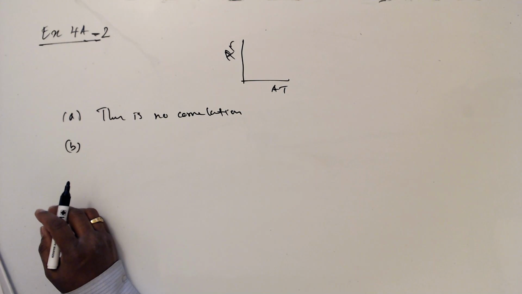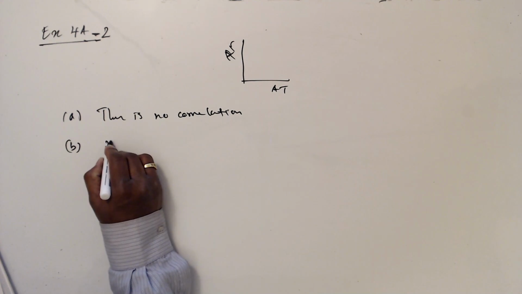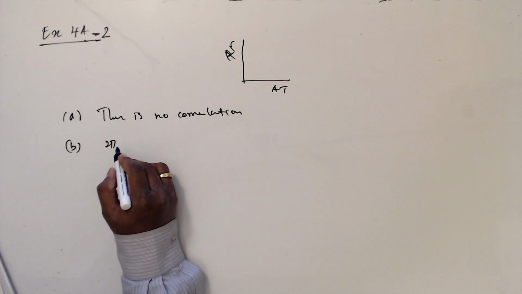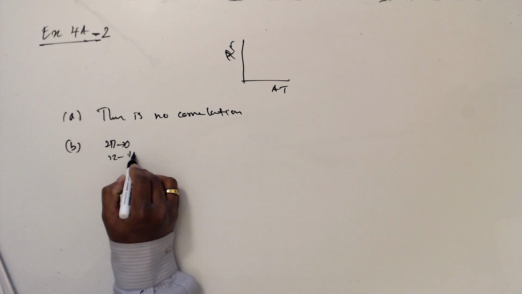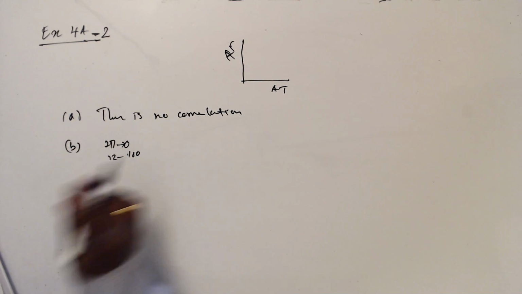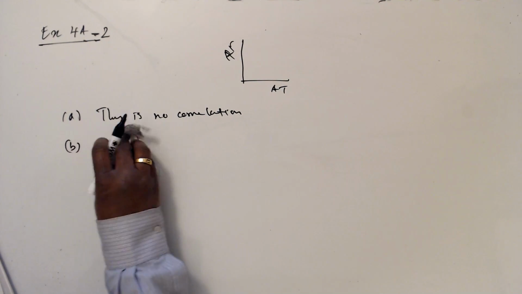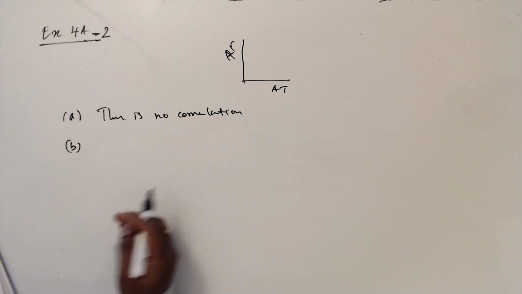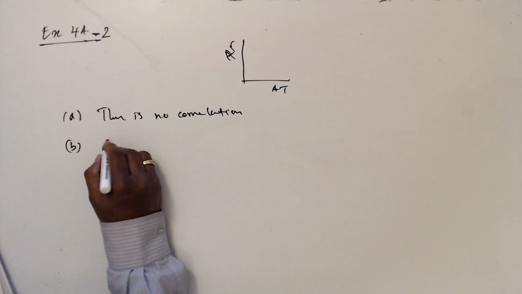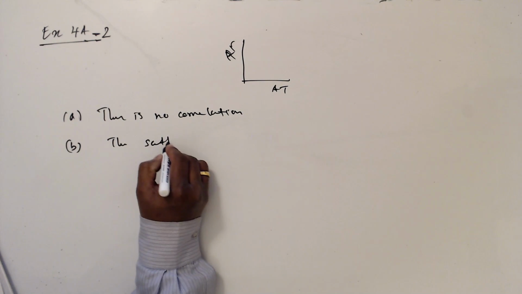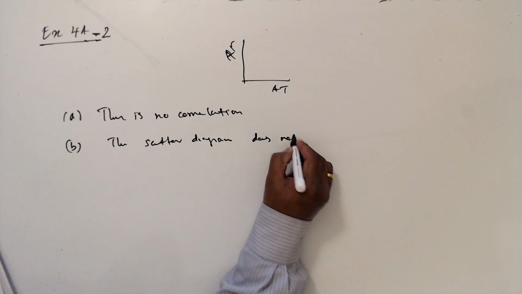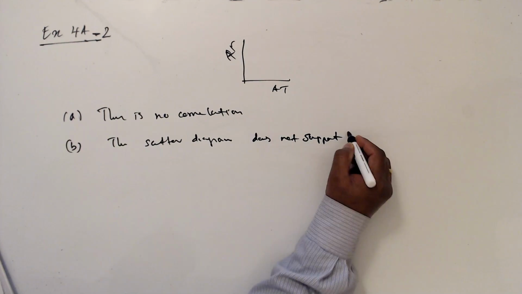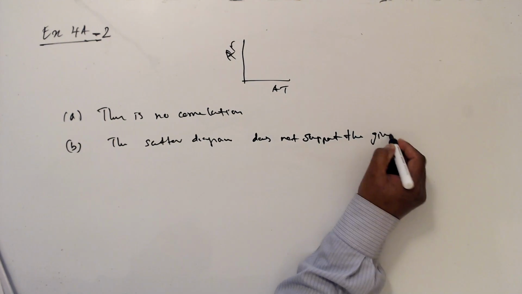Also, I can see one example around 25, 27. At 27 the rainfall is 0, and the 28 one is around 180. So this is also contradicting data. Overall, the scatter diagram does not support the given statement.